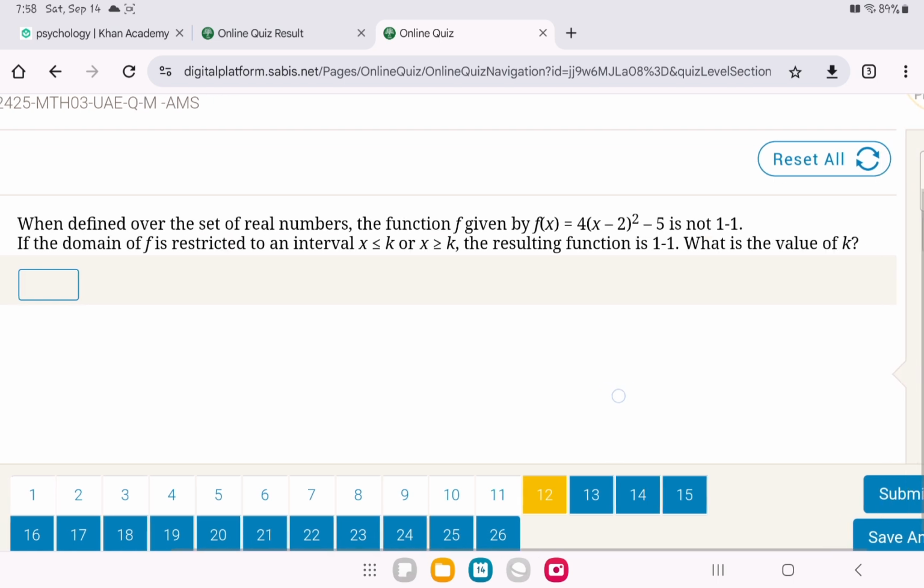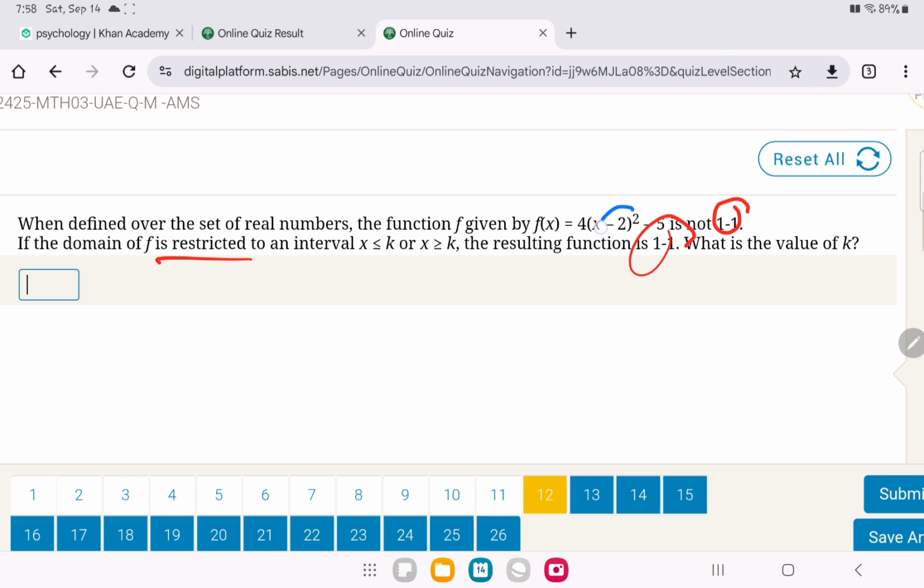Number 12. When defined over the set of real numbers, the function f given by f(x) equals 4 times (x minus 2) squared minus 5 is not one-to-one. Okay, whenever you see a question like this and they're telling you that this function is not one-to-one and they need you to make it one-to-one by giving you a restriction, just like a quick summary, what do you do?